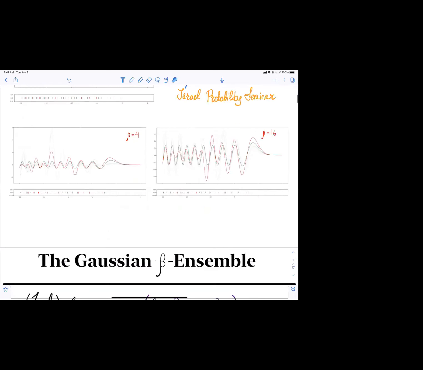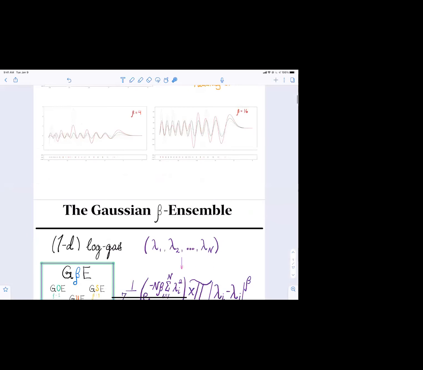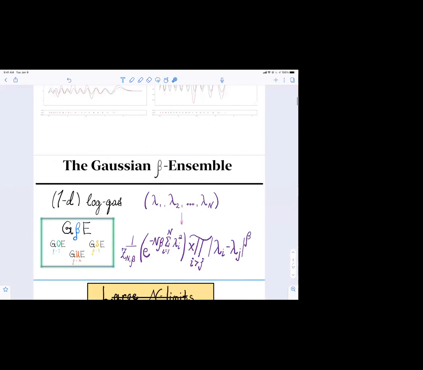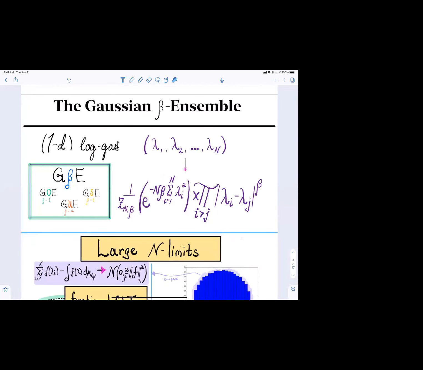So let me start with just a tiny background to orient ourselves. What is the Gaussian beta ensemble? It's a distribution on points. It comes from random matrices, and in some cases it can be connected to random matrices.